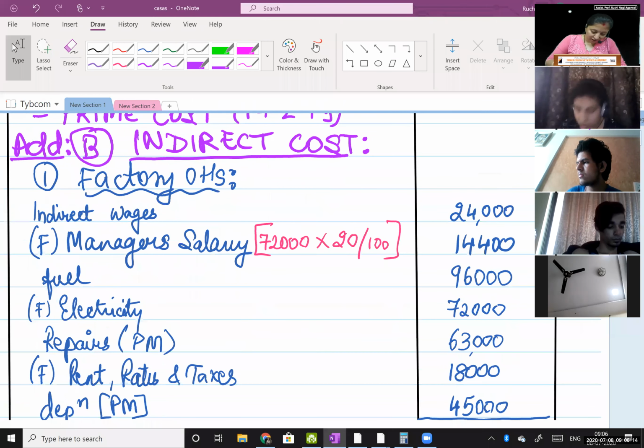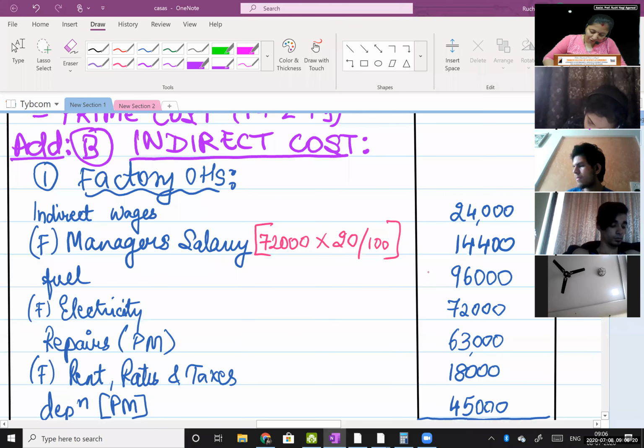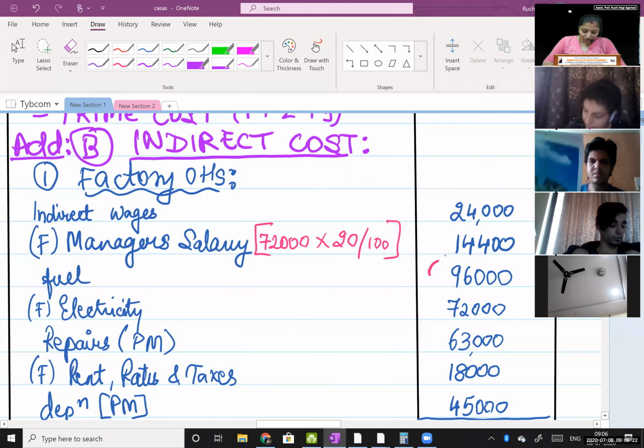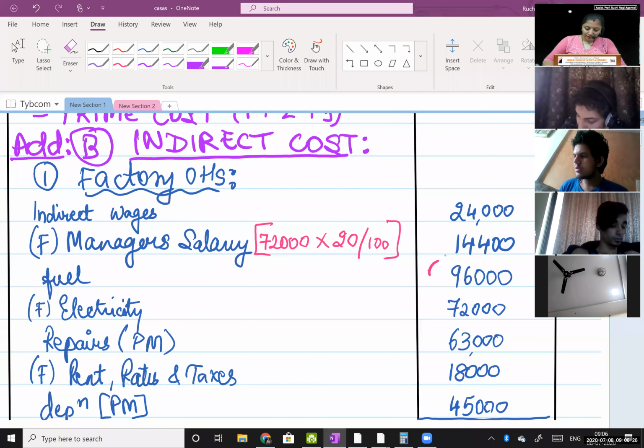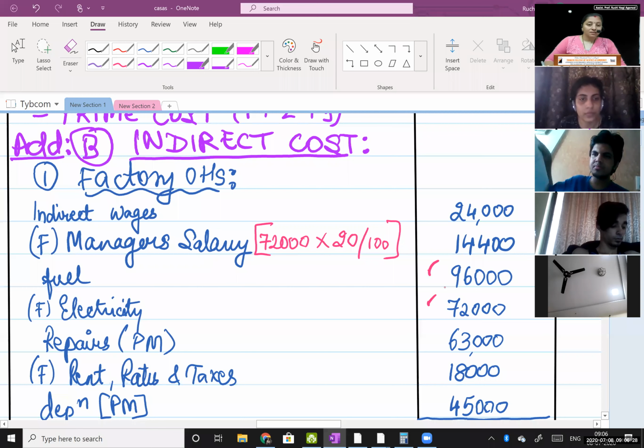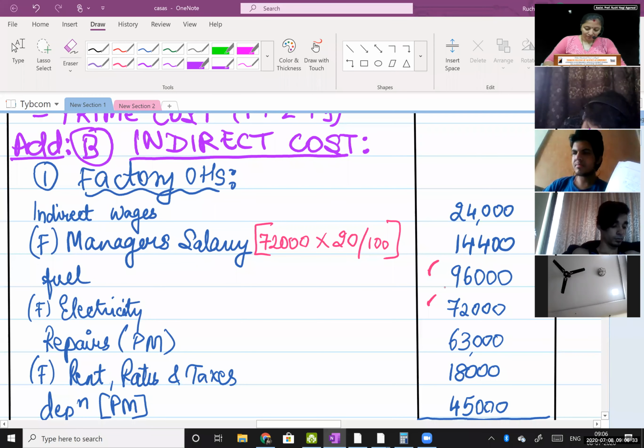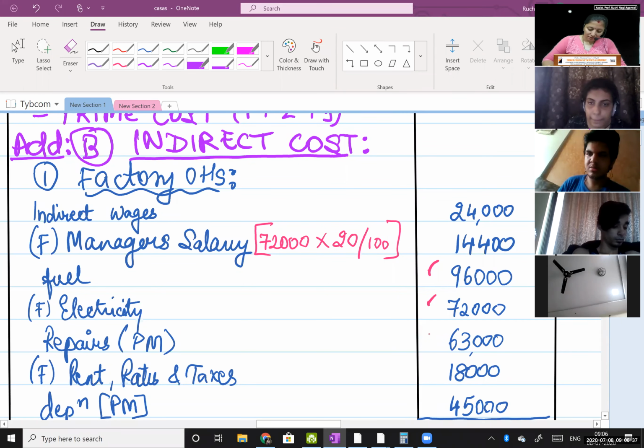Now start jotting down. Next is fuel 96,000. Then factory electricity 72,000. Next, repairs on plant and machine 63,000.